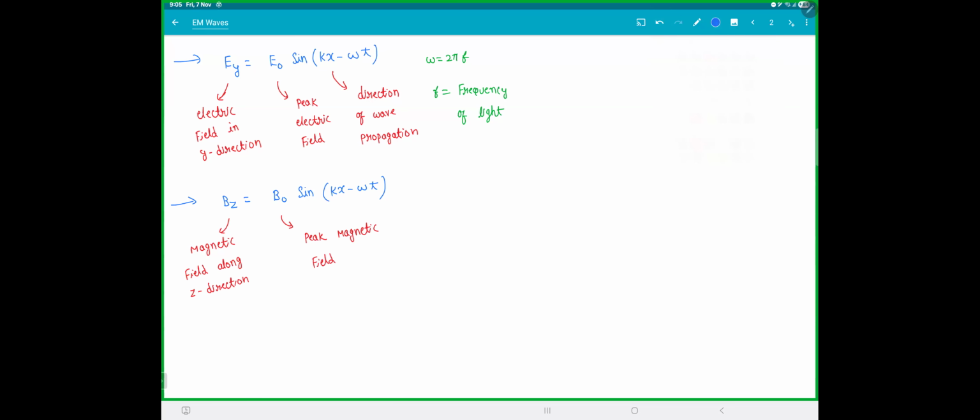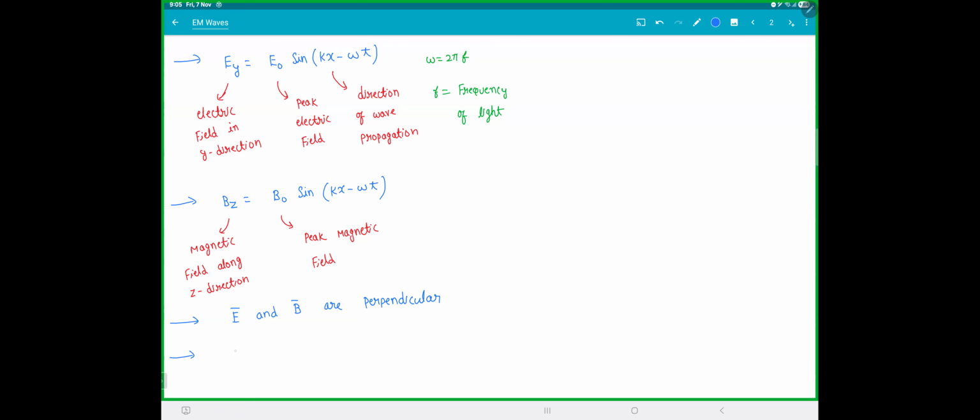So if you observe here, E bar and B bar are always perpendicular. Now when I say perpendicular, people think like this. They think if electric field is sine omega t, B must be cos omega t. Don't get confused. I'm not talking about the magnitude. Direction is i cap and j cap.